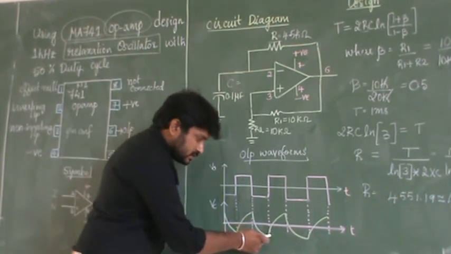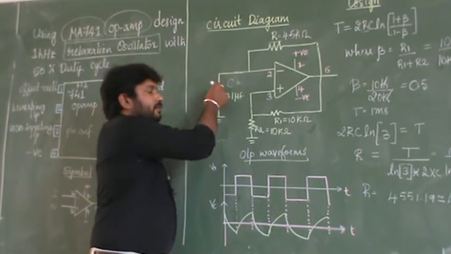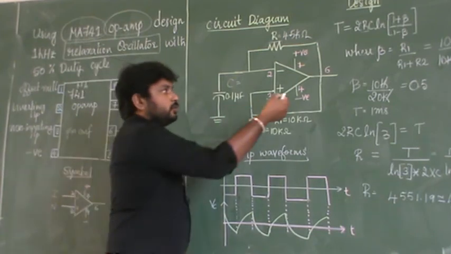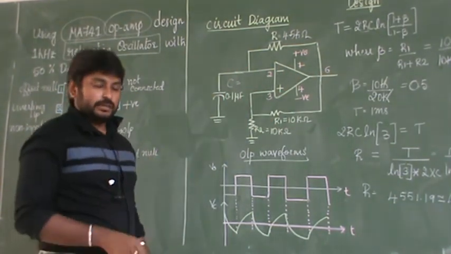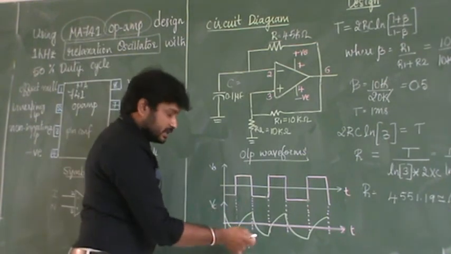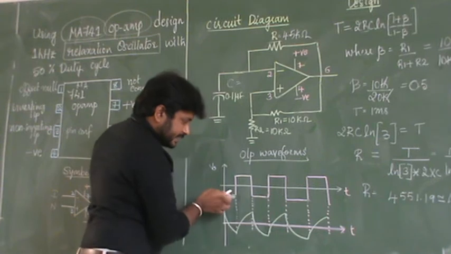What is this? This is the waveform that you will be getting across the capacitor. If you keep the output near the capacitor, then your waveform looks like this. See here, I have written dotted lines to the rising edge and to the falling edge.